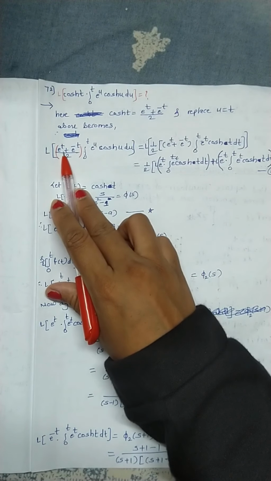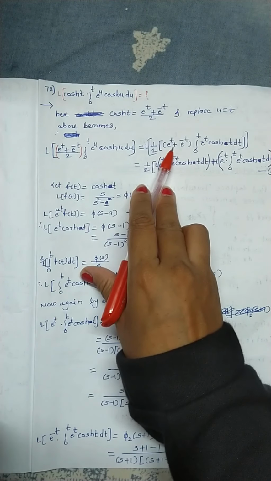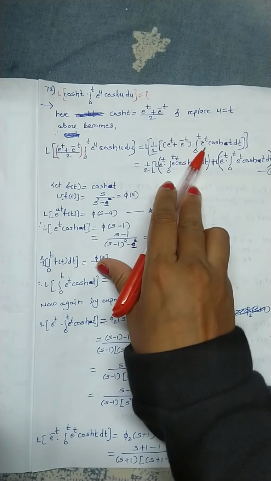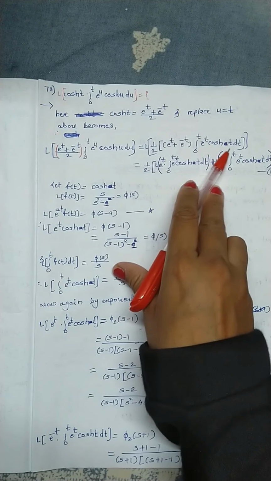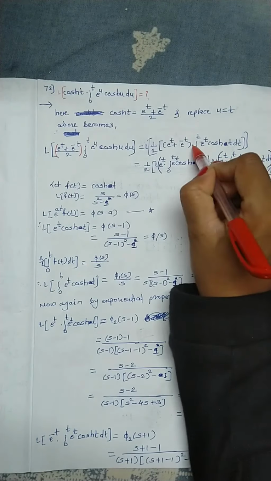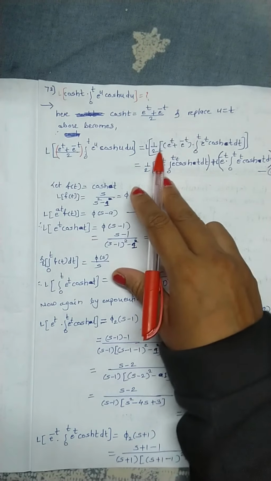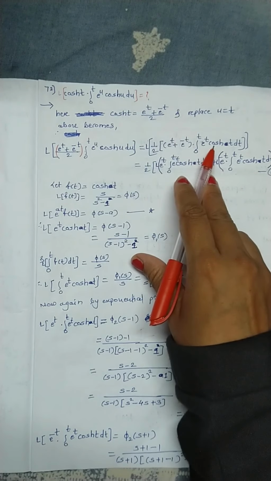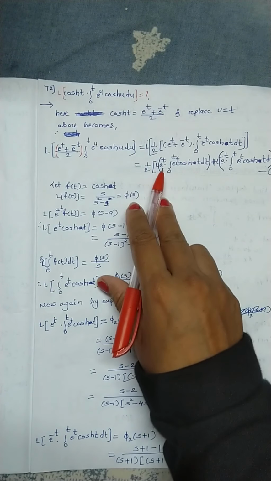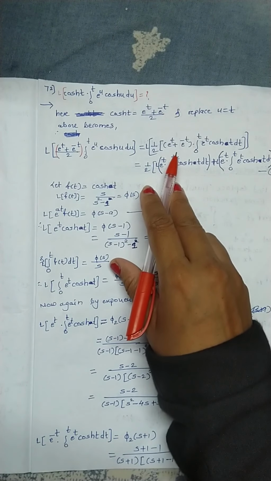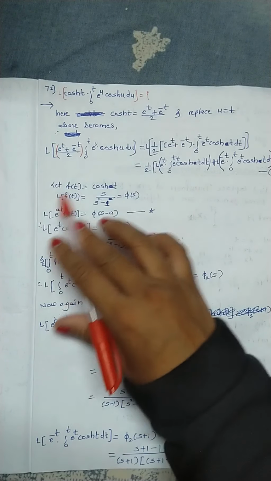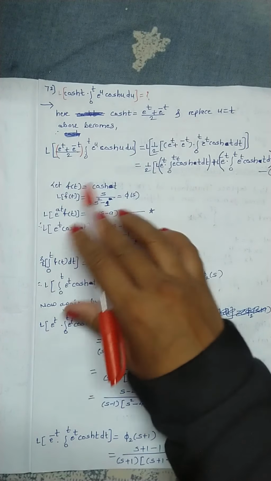This bracket remains: e raised to t plus e raised to minus t into the integration, replacing u by t everywhere. Now multiply or solve this bracket, which means you have to take the integration inside the bracket. What does it become? Half taken outside of the whole term, Laplace as it is.